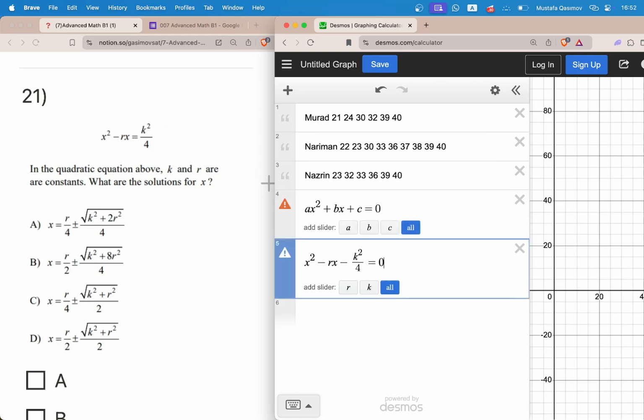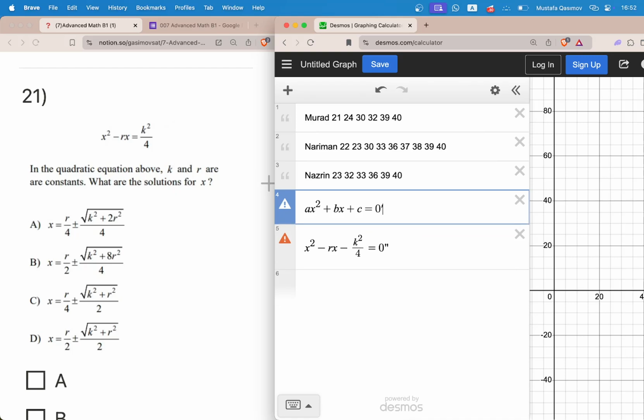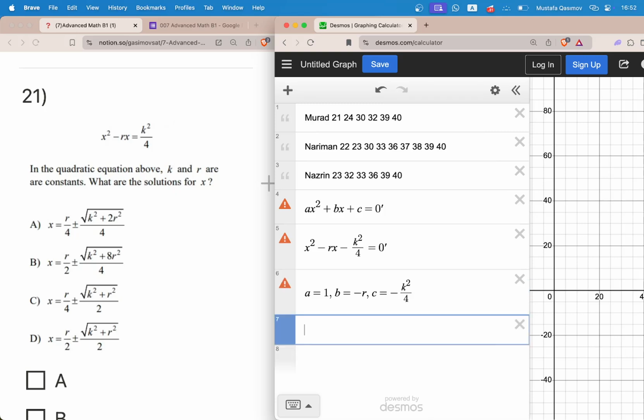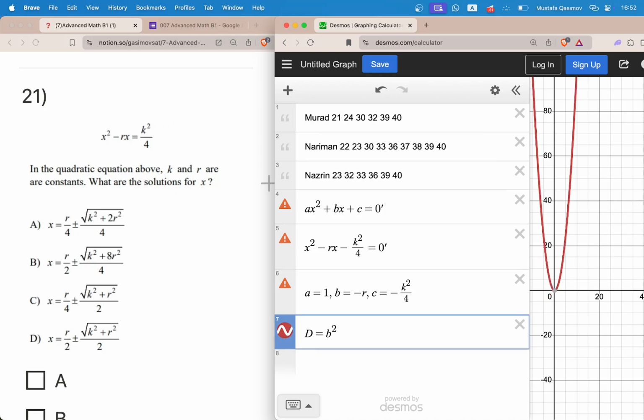Then we have to identify the values of a, b, c. A is equal to 1 because when there is nothing here, it means that the coefficient is equal to 1. B is equal to negative r, and c is equal to negative k squared over 4, like this. Then let's look at the discriminant. Discriminant is equal to b squared minus 4ac.